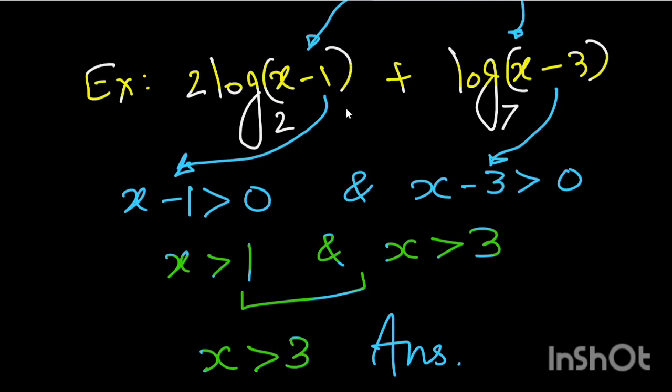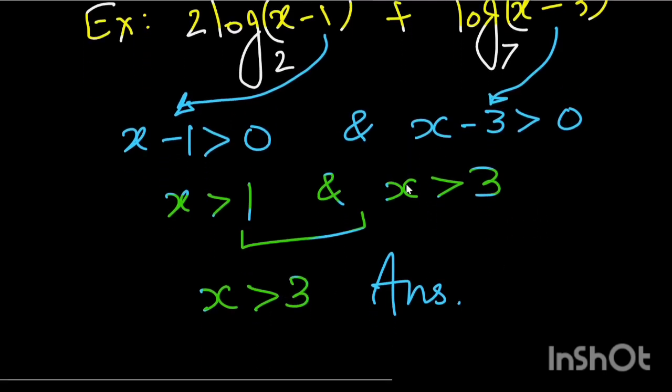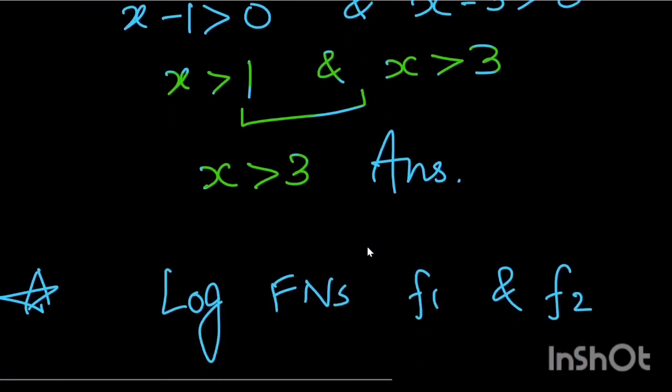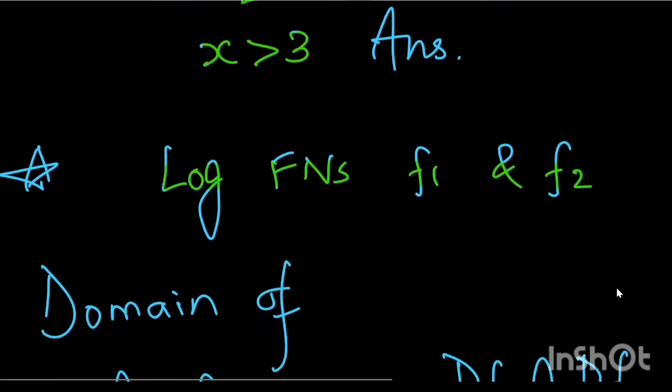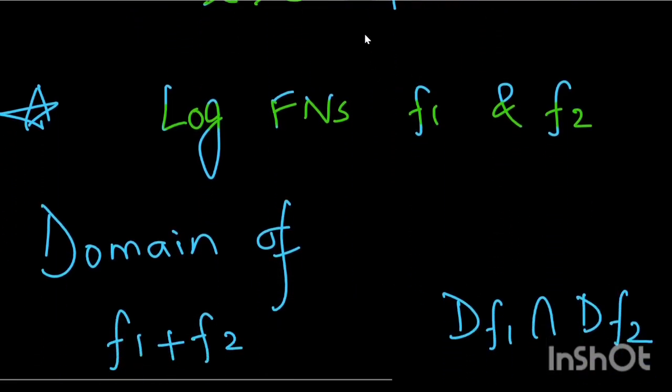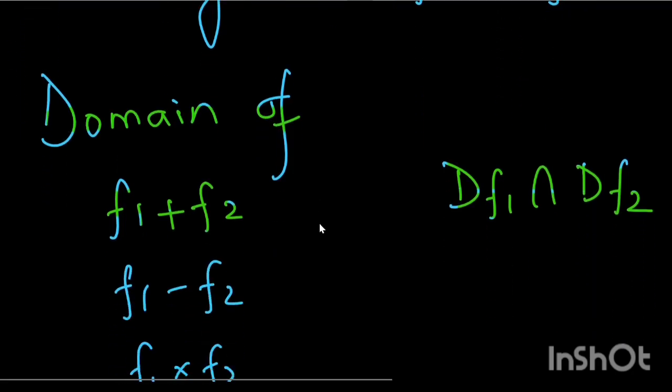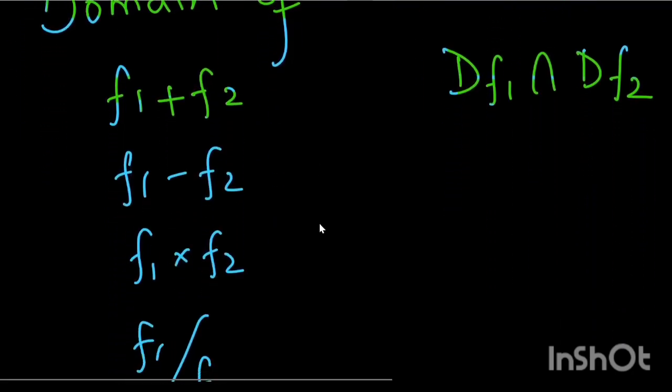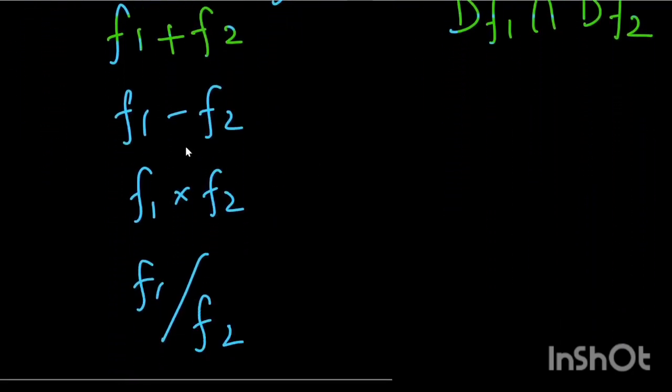Okay, we can get it by number line also. So that way we will solve, guys. Now what about if two log functions f1 and f2 are given? What about the domain of their sum, which we have seen is their intersection? But what I want to ask is the domain of their difference, their multiplication, their division.